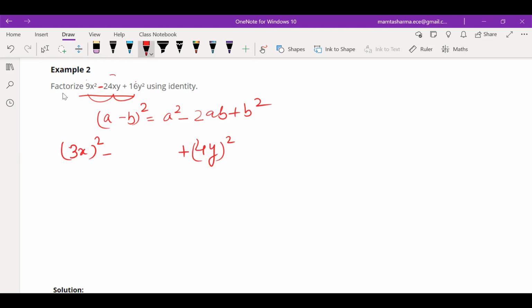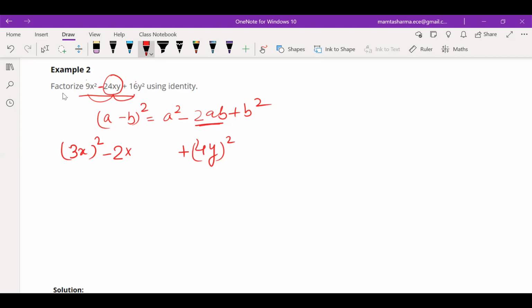Now you can break this middle term into 2ab. Ma'am, while they ask questions like this, they will directly ask for the formula, or if they give the formula, the expression? Yes, they can ask both. From the formula you have to find its factors, and from the factors they may find the expression.